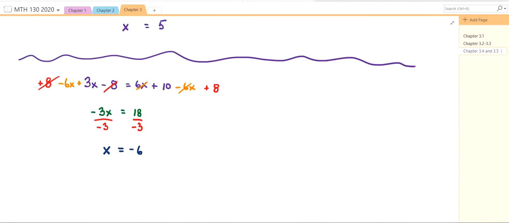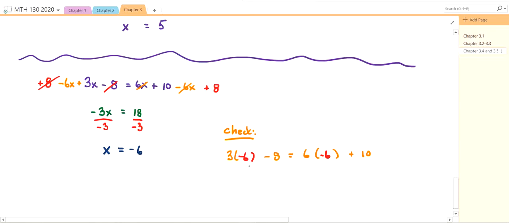Now, if you're doing this on a test, you probably want to check your answer, at least before turning your test in. So if we have 3 times x minus 8 equals 6 times x plus 10, if that is our original equation, and I'm saying negative 6 solves this equation, then I can stick in minus 6 for x here.